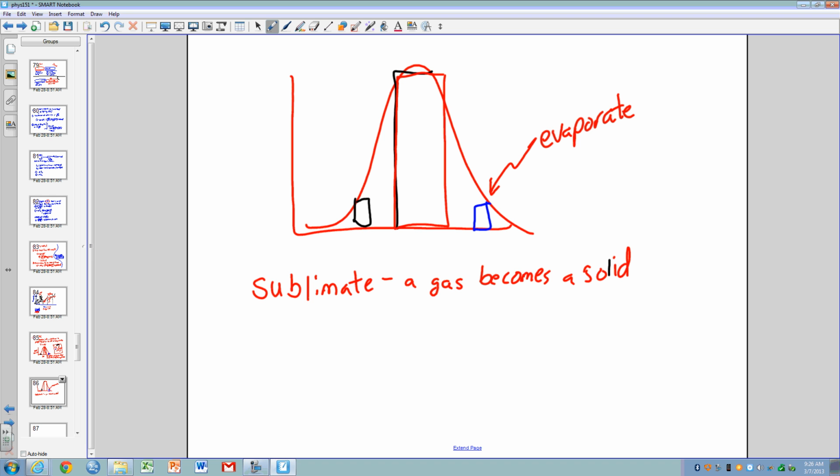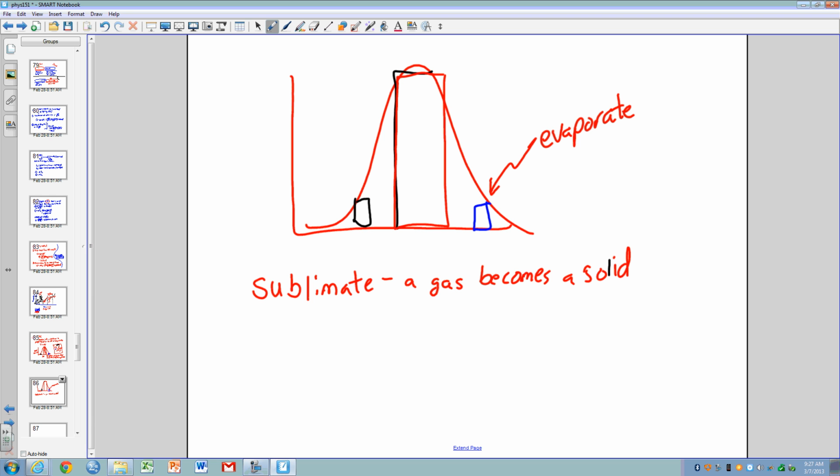It just bypasses that whole liquid stage. In the case of this, which particles would change phase more readily to the lower state? The black, the red, or the blue? The black, because they have really low energies.